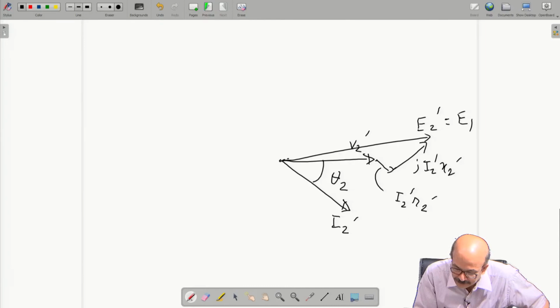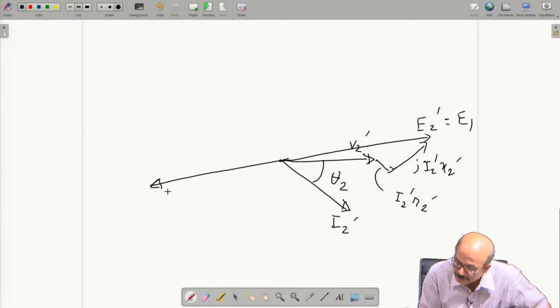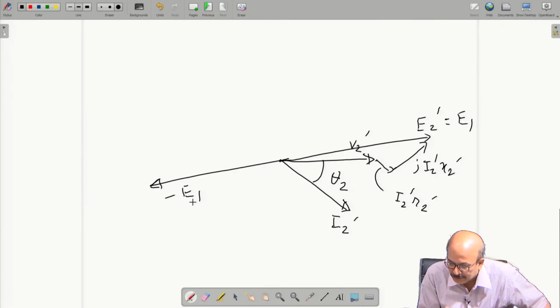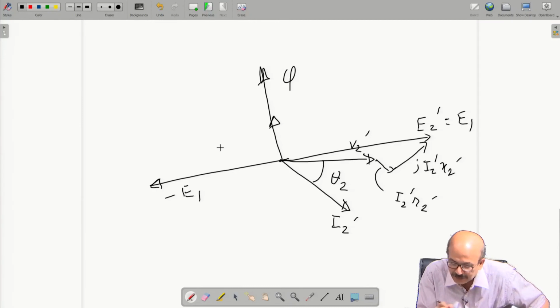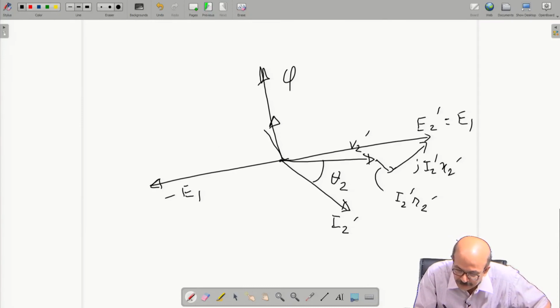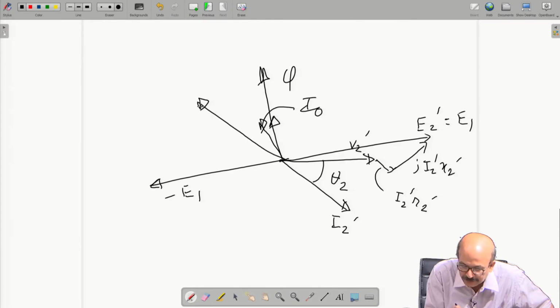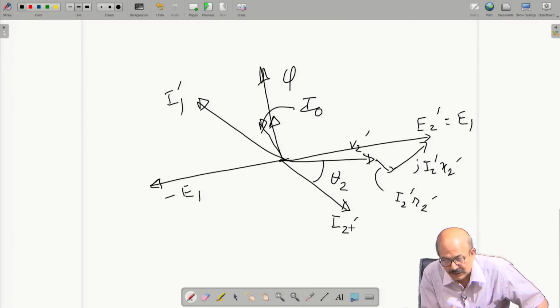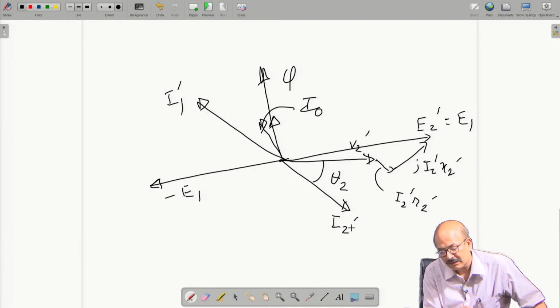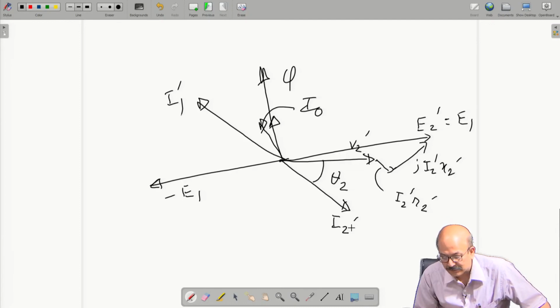And then on the other side, this will be minus E1. For the remaining part, we can still do what we normally do: we can locate phi, and if we also consider the no load component, we can locate I0 here, and I1 here, right. By the way, what is I1 dash this time?